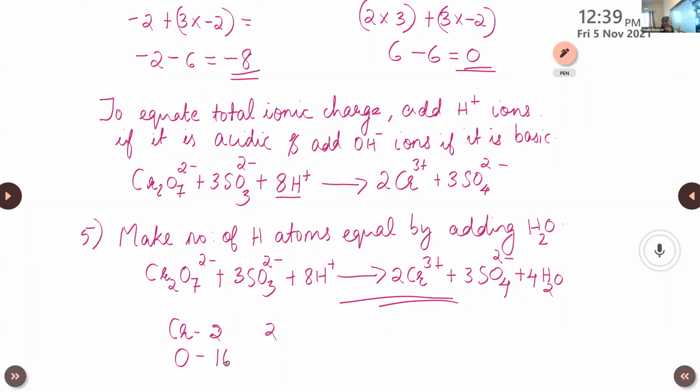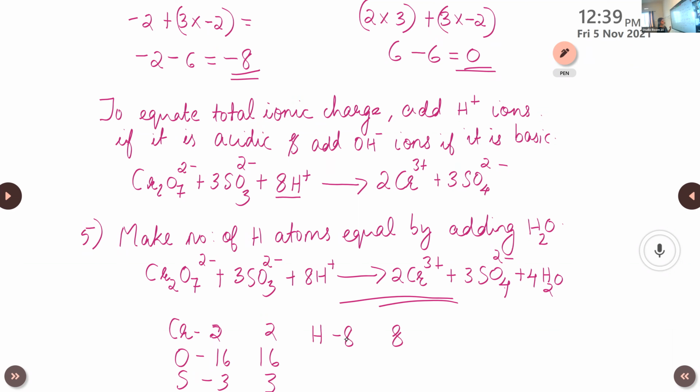Then look at the product side. It is 3 into 4, 12, then 12 plus 4, 16. The next one is sulfur. Here it is 3, here also 3. The next one is hydrogen. Here it is 8, here also 8. So the total number of atoms are equal on both sides.